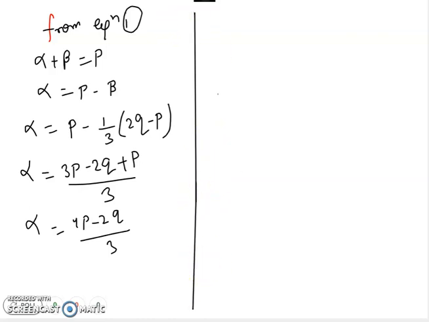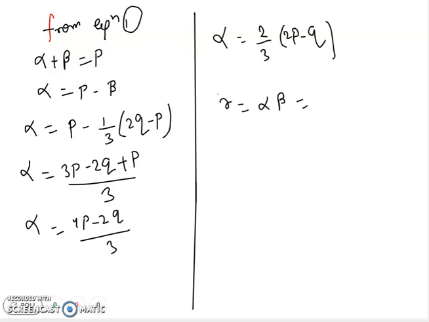So alpha is equal to, after taking the common factor, 2 by 3 into (2p minus q). And we have to find r. And r is equal to alpha into beta.